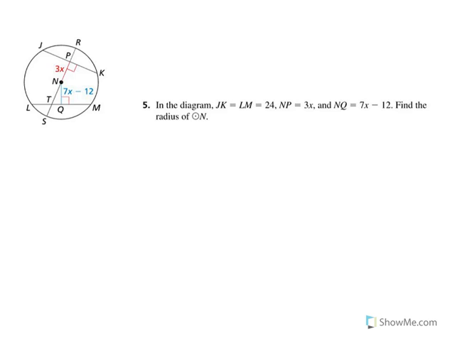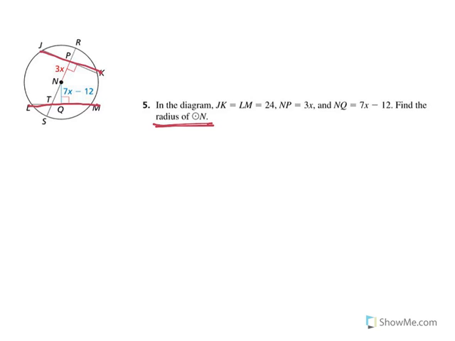Okay, let's do another one. In this case, we're still trying to find the radius of N. We know that JK and LM are equal, and they both equal 24. So that whole thing is 24.